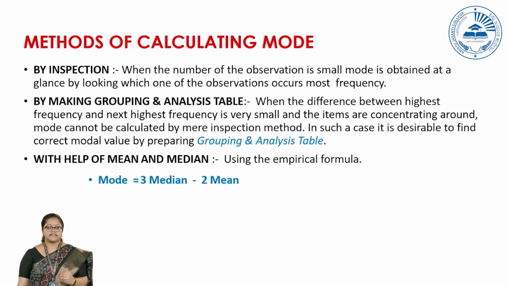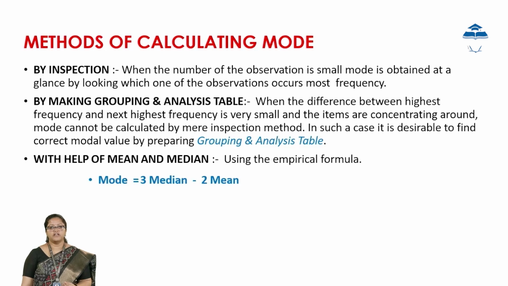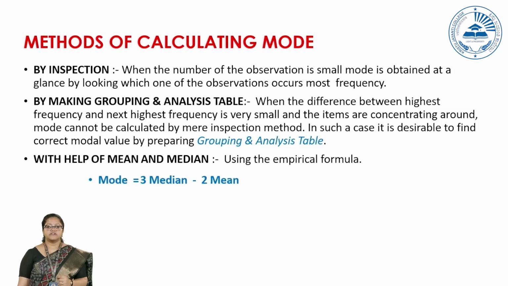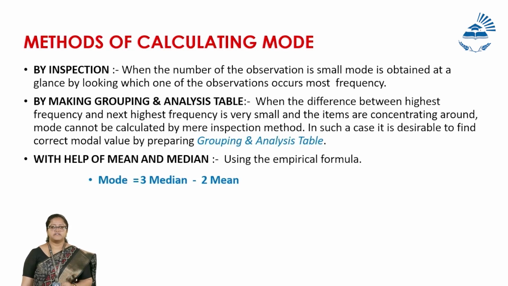Going to the second one, that is grouping and analysis table. When the difference between the highest frequency and the next highest frequency is very small and the items are concentrating around, mode cannot be calculated by the inspection method. So here is where we will be using the grouping and analysis table. And the third method is with the help of mean and median, that is by using the empirical formula.